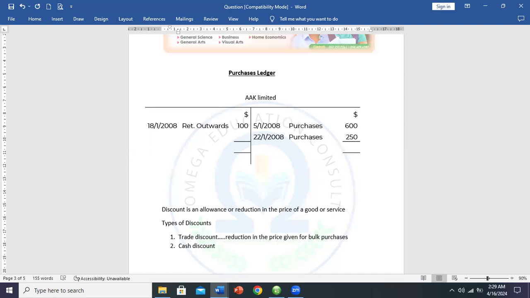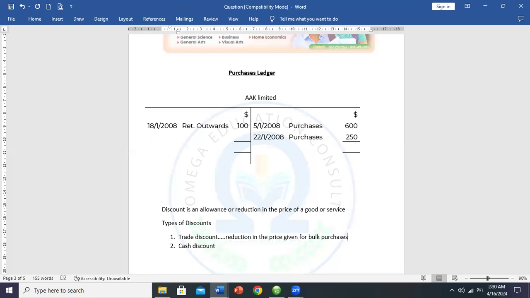So for example, I don't know, maybe you have experienced some of these things. When you buy one of the products, it is 2 cedis. If you buy 3, ordinarily it should be 6 cedis, but they will tell you 3 for 5 cedis. So you have gotten an allowance for buying plenty or for buying in bulk.